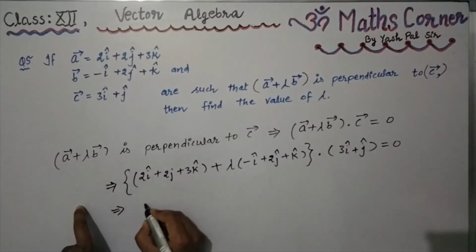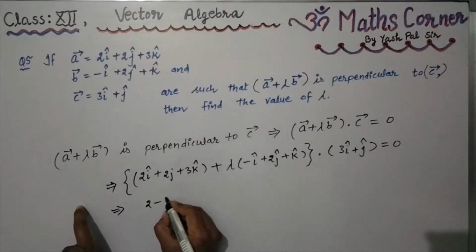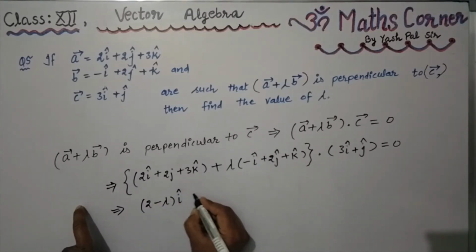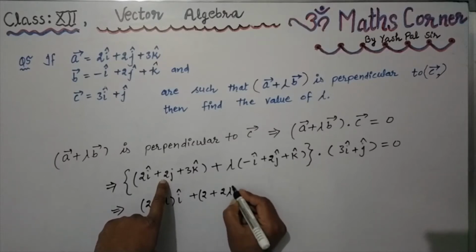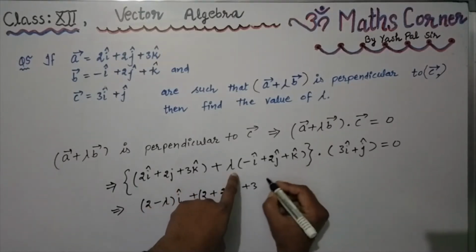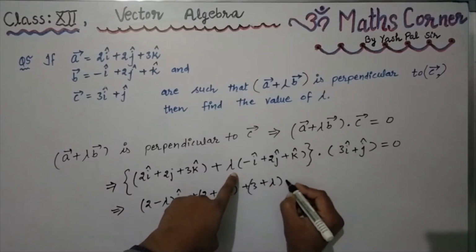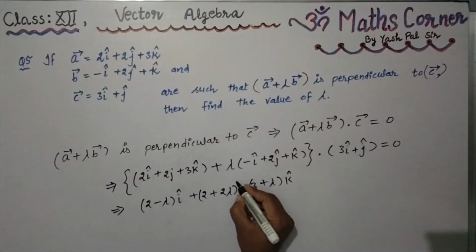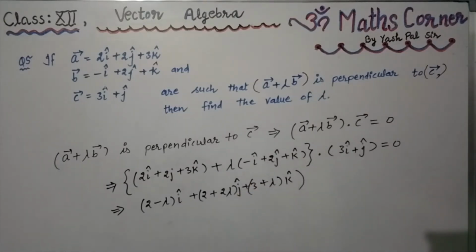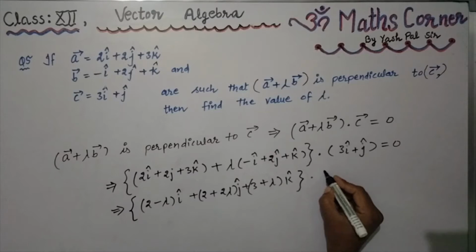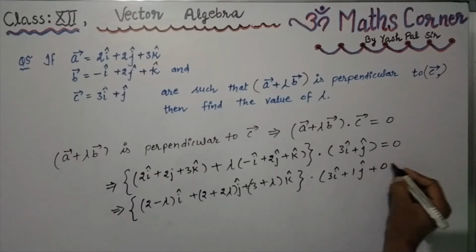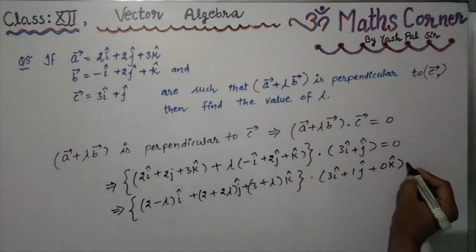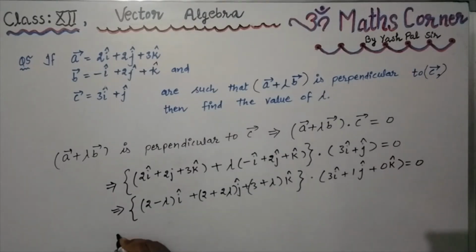This implies (2 minus 1 lambda) into i plus (2 plus 2 lambda) into j plus (3 plus 1 lambda) into k, and dot product, here this is the bracket, dot product, this is 3i plus 1j plus again 0k is equal to 0.